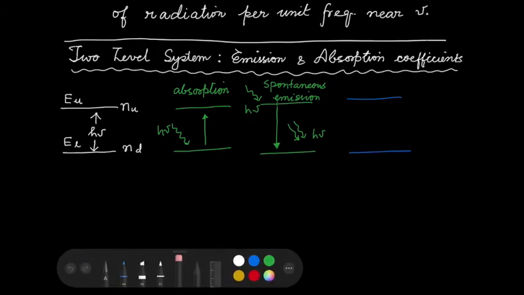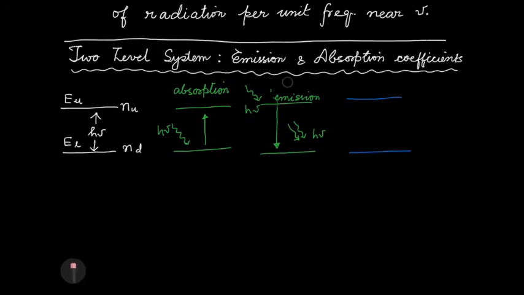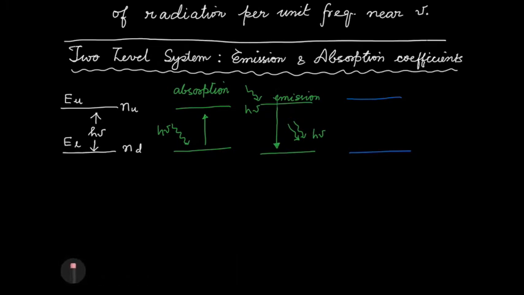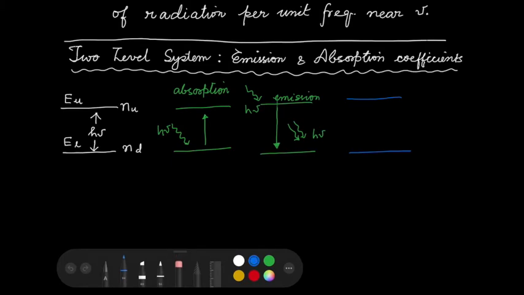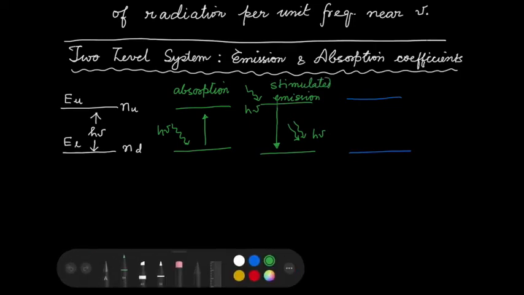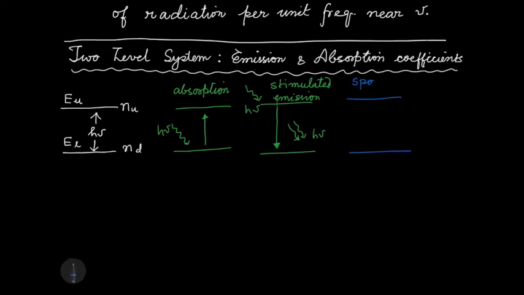And then I can have a completely different type of case where it is not radiation assisted. Sorry, so this one is not spontaneous, this is stimulated because it is radiation assisted. And this is not radiation assisted, so spontaneous.